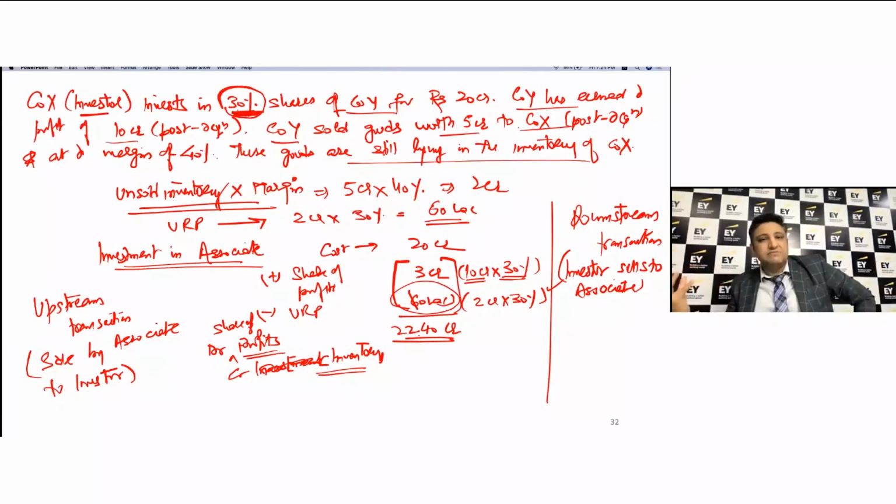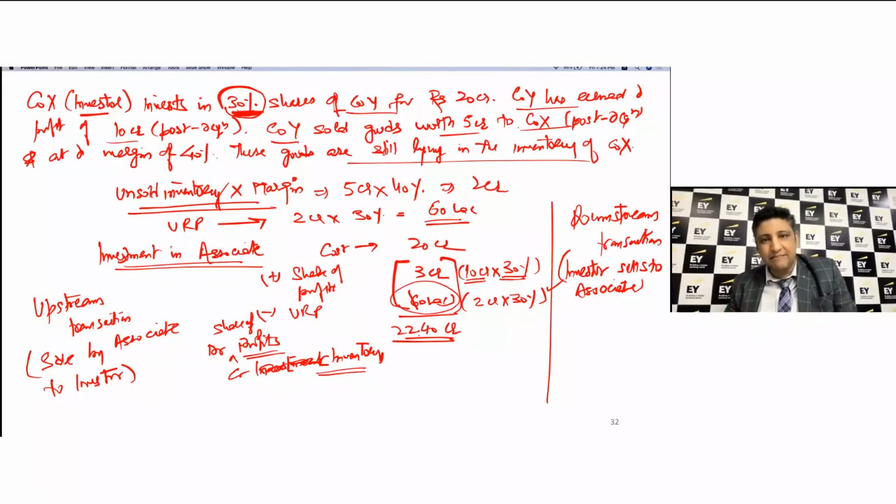It only has one implication: that the profits of the investor have increased, and the inventory of the associate is getting increased. But do we consolidate that inventory? The answer is no, we do not do that.